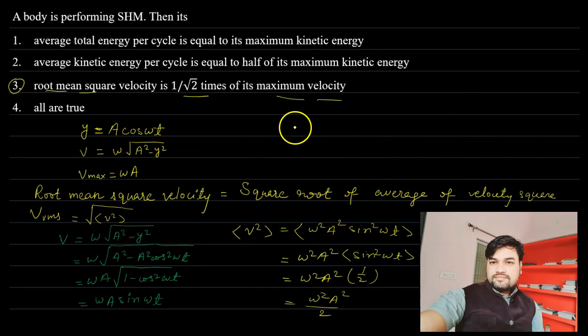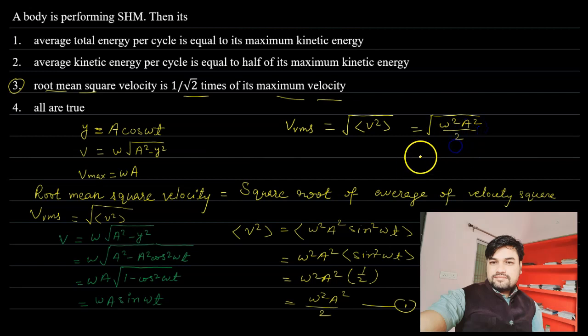So Vrms will be the square root of the average of V square. Substituting V square from equation 1, that becomes the square root of omega square a square divided by 2. Omega a can be taken outside of the square root, so this is omega a divided by root 2.